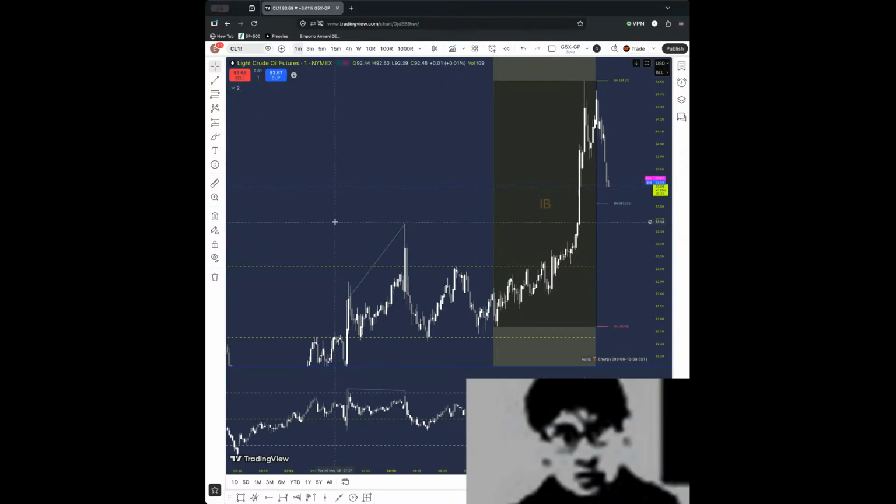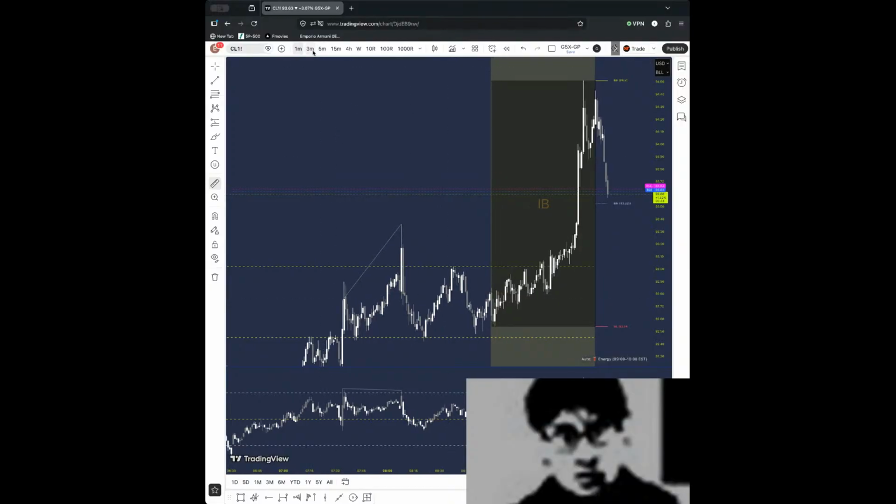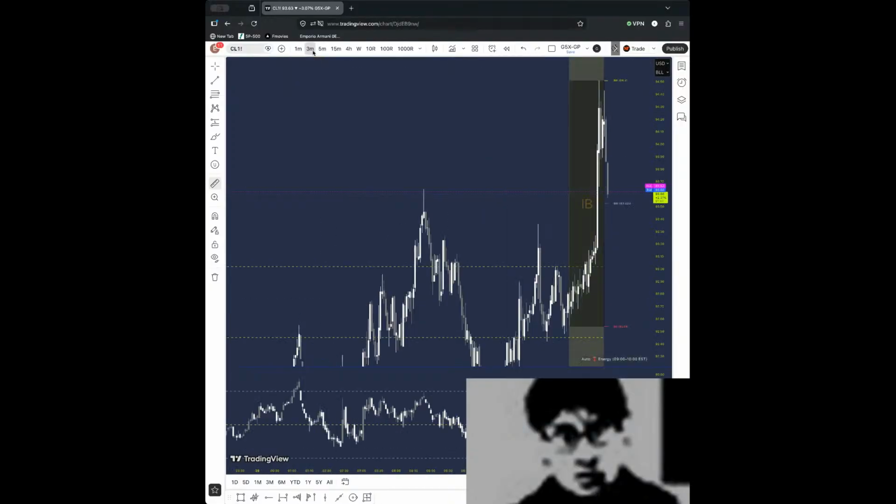Part of me feels like they're going to take another leg north. I don't like how SPY is looking now. SPY structure.